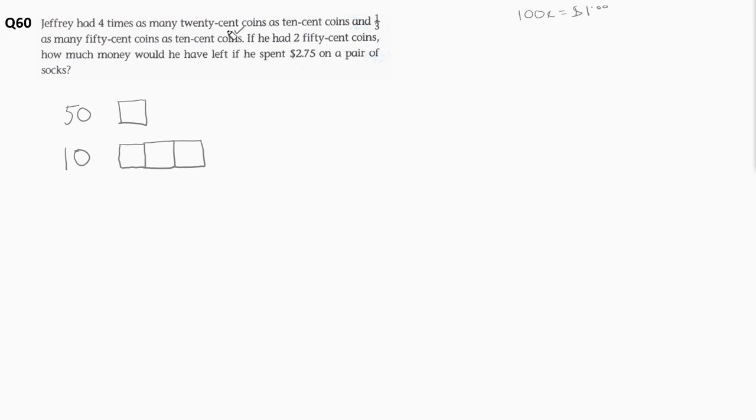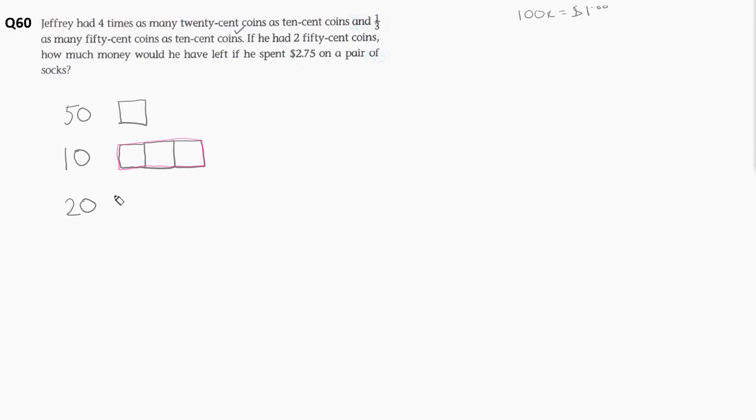Okay, now I would like to do, Jeffrey had 4 times as many 20-cent coins as 10-cent coins. So we've got 20s. And if I think about this, this is the number of 10-cent coins. Jeffrey had 4 times as many 20s as 10s.